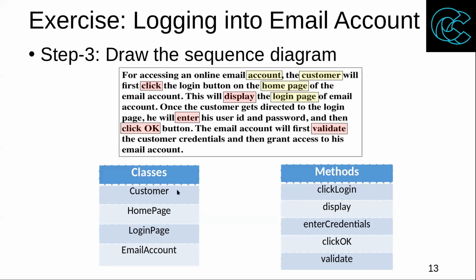Like I said again, you don't necessarily have to make all of them classes. You can ignore some of them, especially if that responsibility is already captured by a different class. Or some of them might turn out to be objects and not classes. And the same holds for methods. You don't have to necessarily consider all of them as methods. Right?